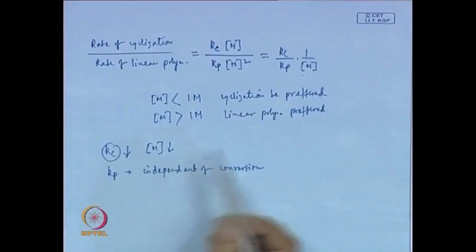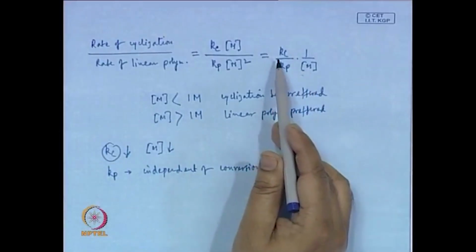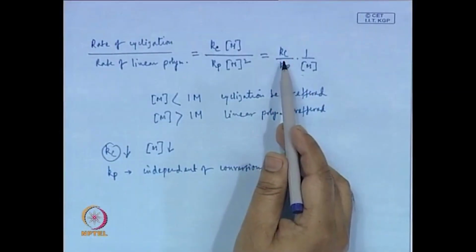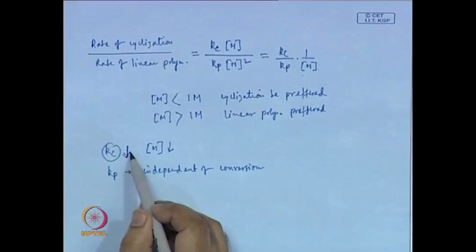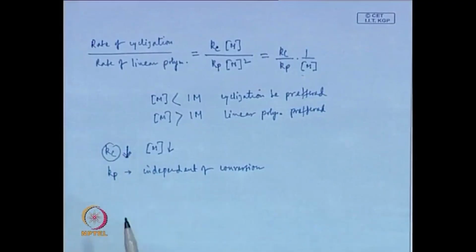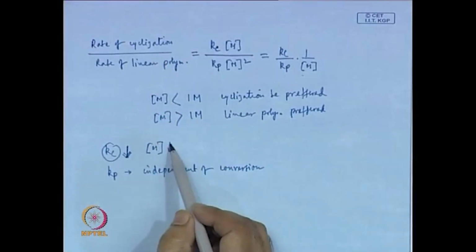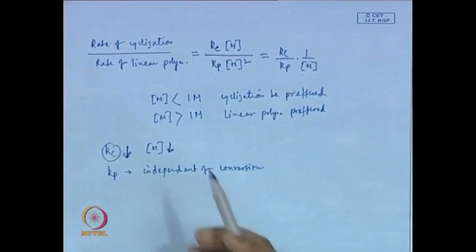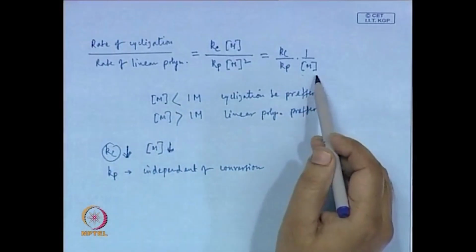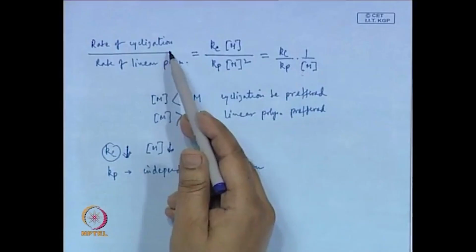So, then the rate of cyclization also should increase in that process. If the Kc comes down with conversion, the cyclization should come down, whereas this is acting in the opposite direction. As the concentration of monomers comes down, the rate of cyclization will go up.